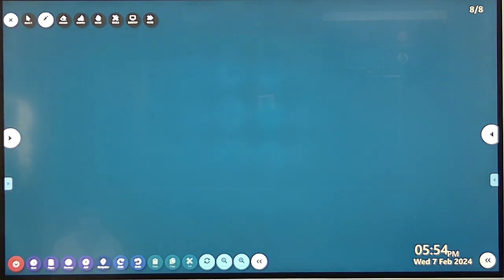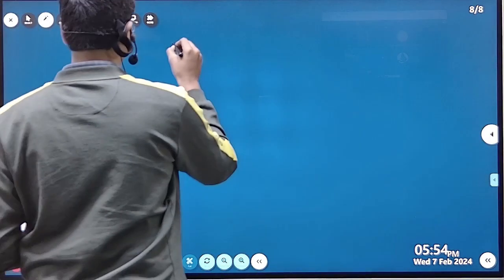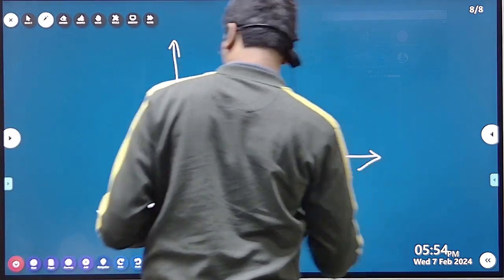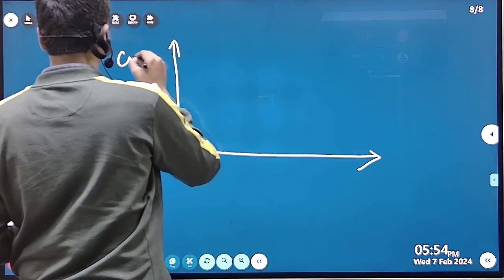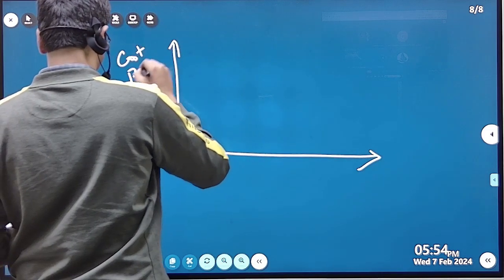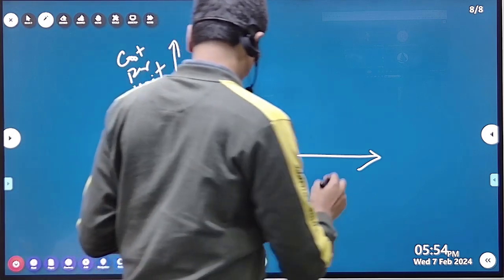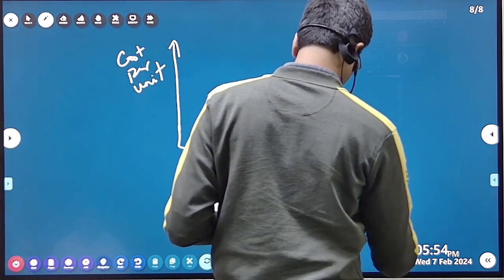So if we look at what we have spoken in a graph, this is your cost per unit, and this is your quantity.